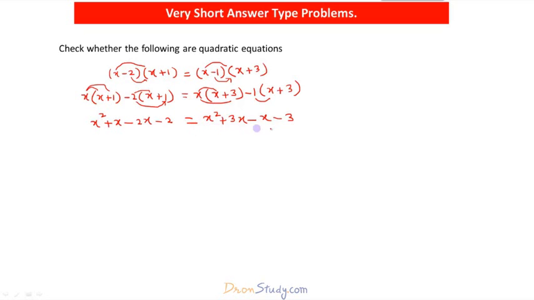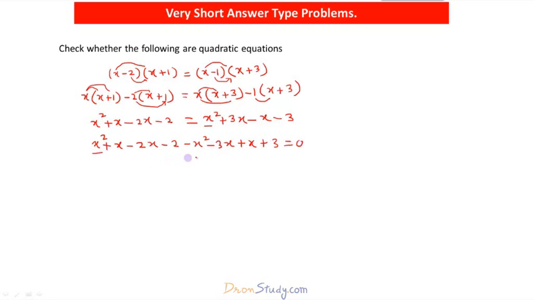Now we will shift all the terms of the right hand side to the left hand side. So it will be x square plus x minus 2x minus 2 minus x square. Now all the signs will change, so minus 3x, plus x and plus 3, which is equal to 0.